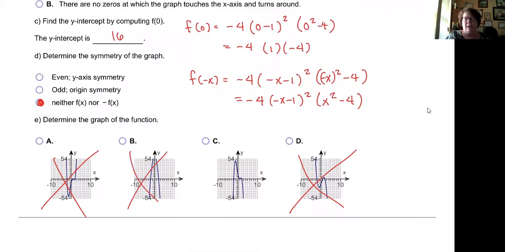It's not going to be B because B doesn't have the correct behavior at the x-intercepts. This graph actually touches, and turns around at x equals 1. That graph doesn't do that. So the only graph it can be is C, and C does not have any symmetry.